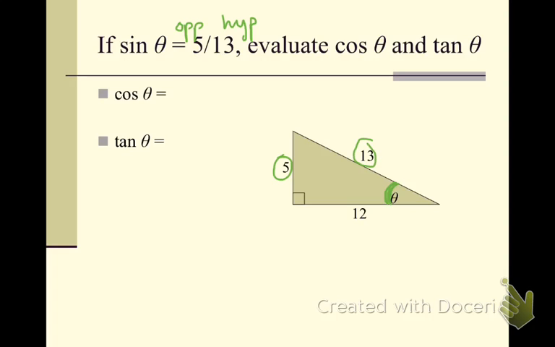We've done a number of examples where 5 and 12 are the legs and 13 is the hypotenuse, so we know the other leg is 12. 5, 12, 13. So having drawn our triangle, the cosine of theta is easy, 12/13. The tangent of theta, 5/12, once we know the side lengths.